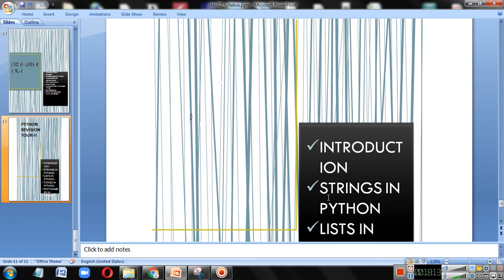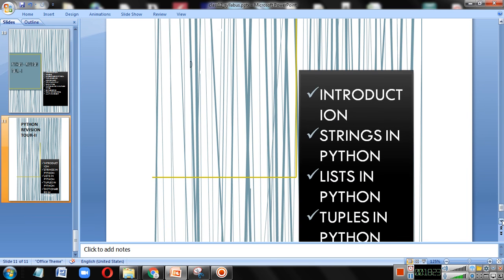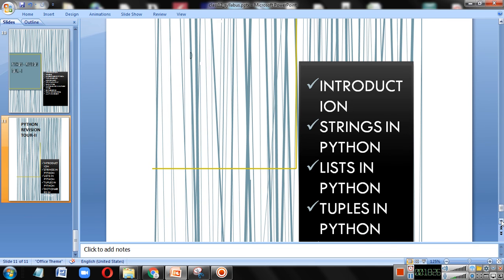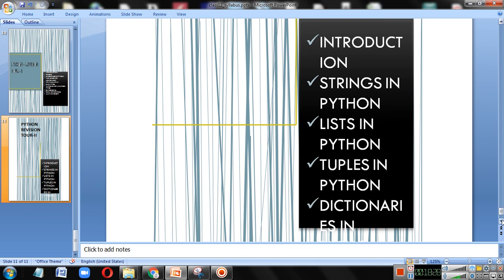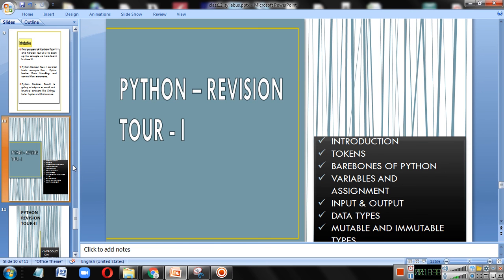Similarly in Python revision tour 2, we will see the introduction, then strings in Python, lists in Python, tuples in Python and dictionaries in Python. So in my next class I will start with this introduction, the Python revision tour 1, which I will discuss today as an introduction for the first new academic year on April 1st.